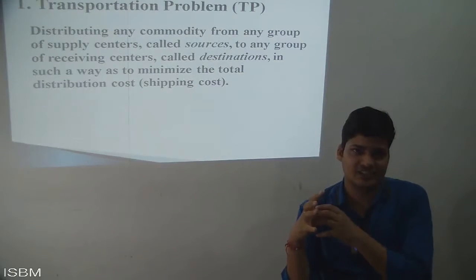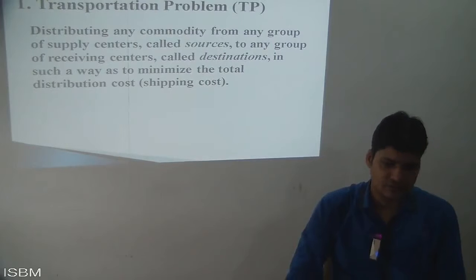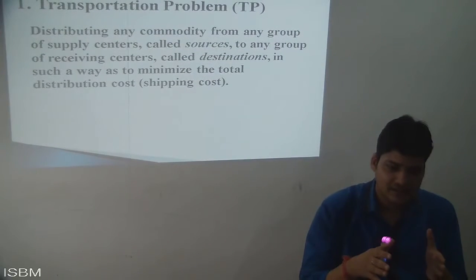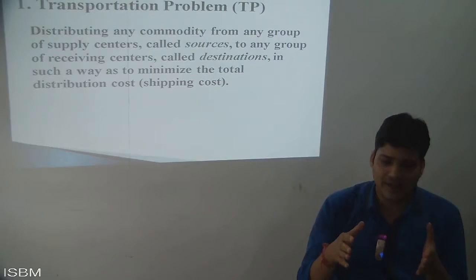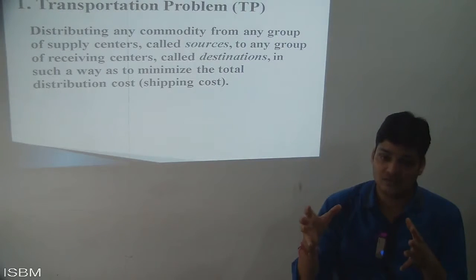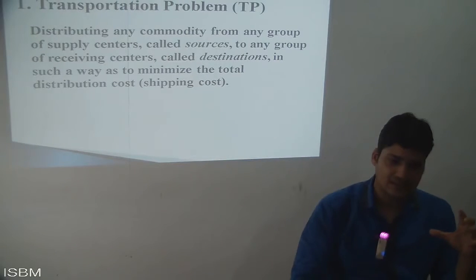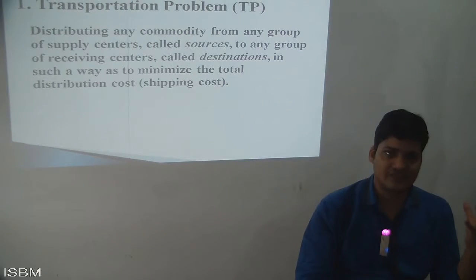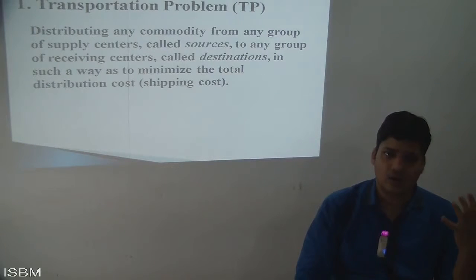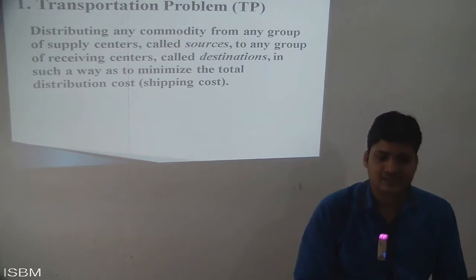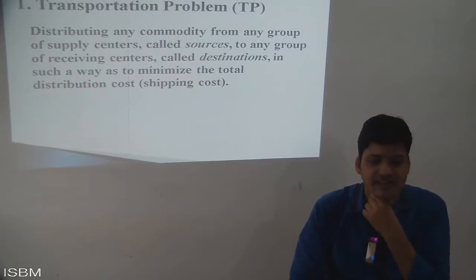So from source to destinations, we are supplying the commodities. So distributing any commodity from any group of supply centers called sources to any group of receiving centers. The receiving center is nothing but a destination where we need to send our commodity or goods, in such a way as to minimize that.